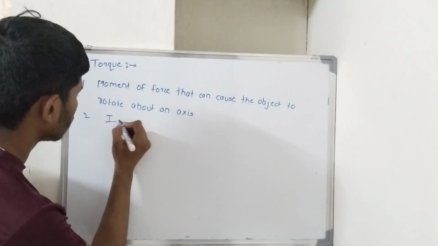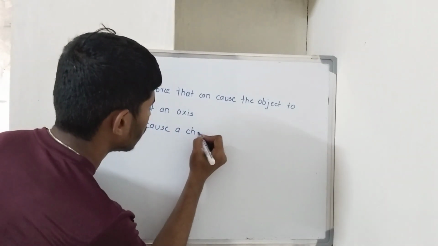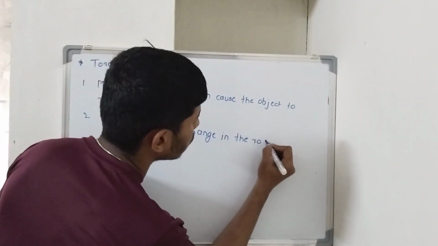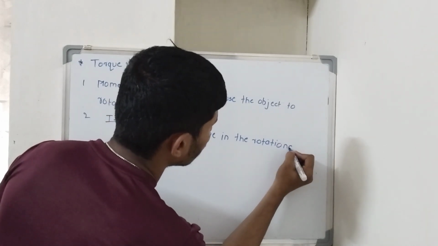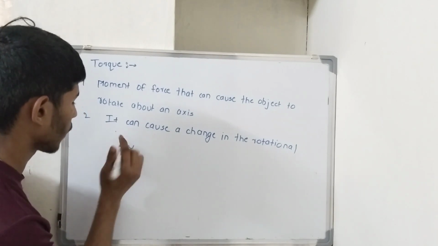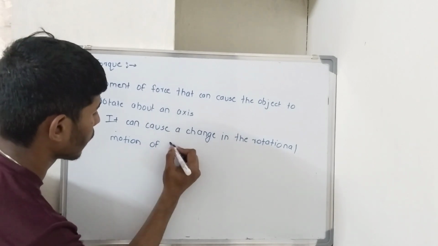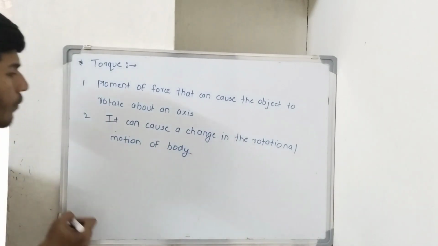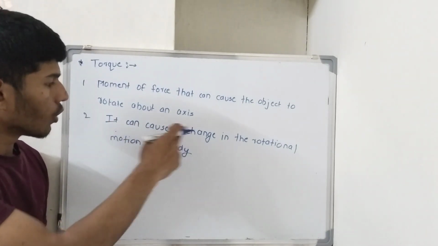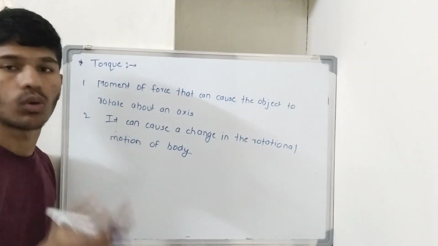So this is basically the torque, that is, it can cause the change in the rotational motion of the body, and also it can cause the object to rotate about its own axis.